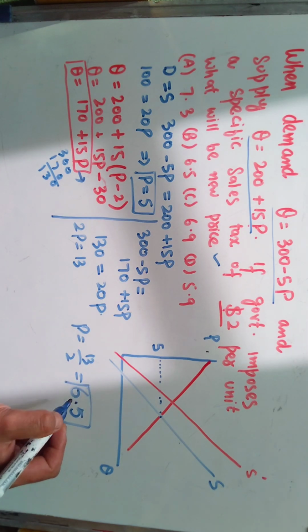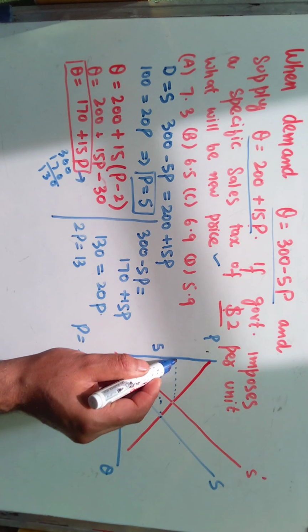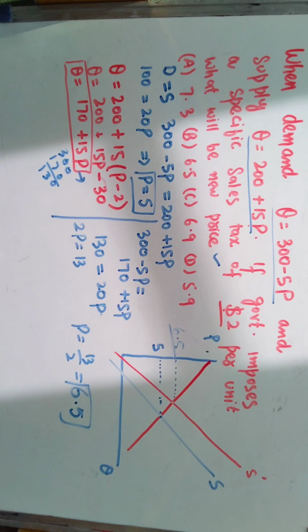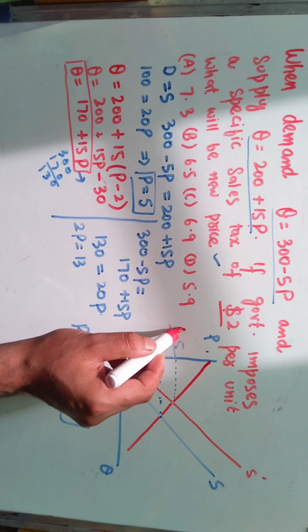So the new equilibrium price will be 6.5. With the imposition of the per unit sales tax, the new equilibrium price will be 6.5 units.